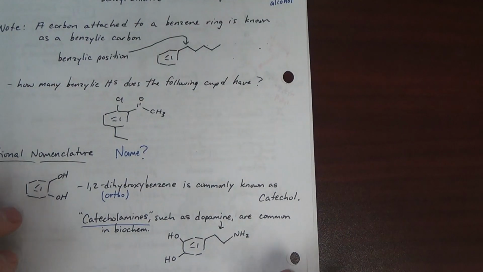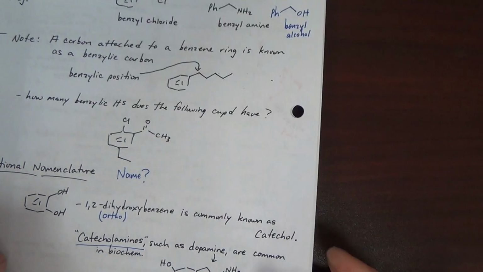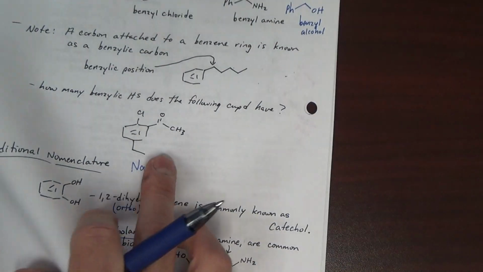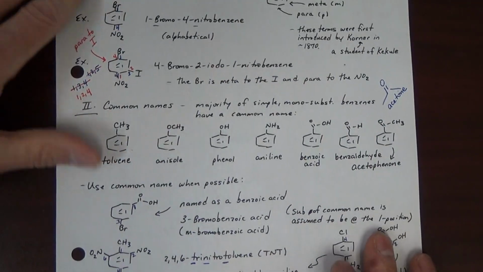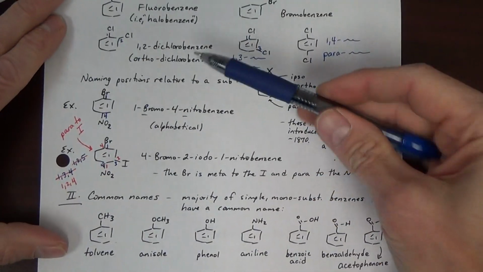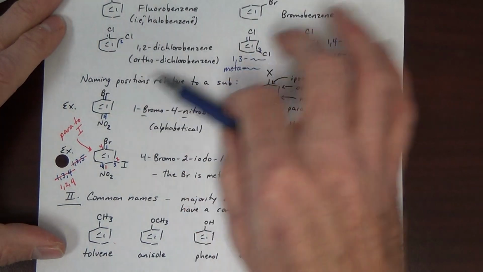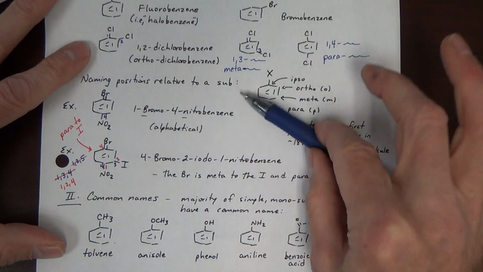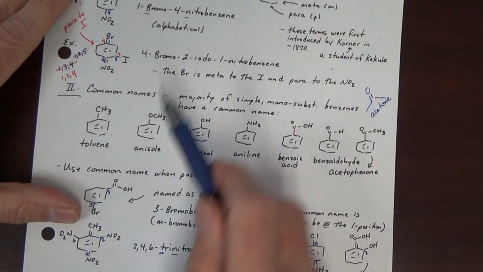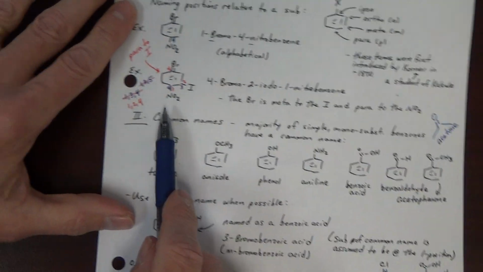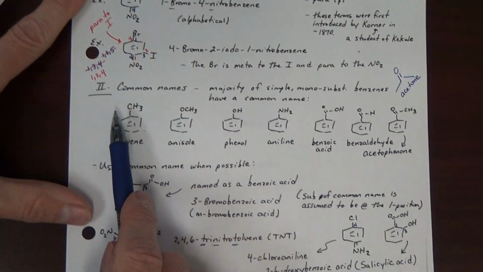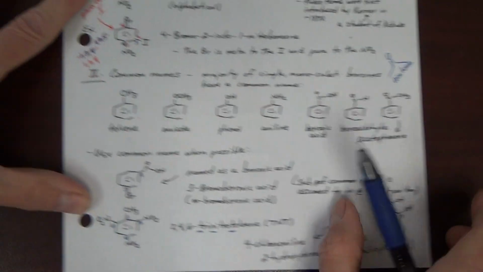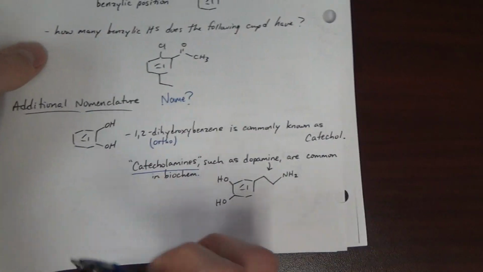Okay, so this is nomenclature of aromatic compounds. Halogens and nitro groups are named as sort of standard systematic naming of the substituents, pretty straightforward. Identifying the one position, lowest numbers possible. Common names, 7 here, plus catechol, 8.